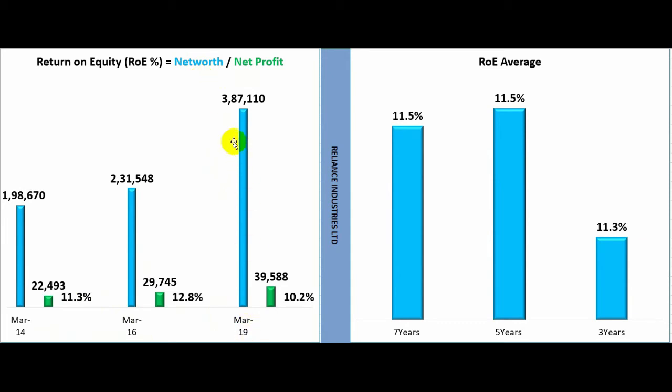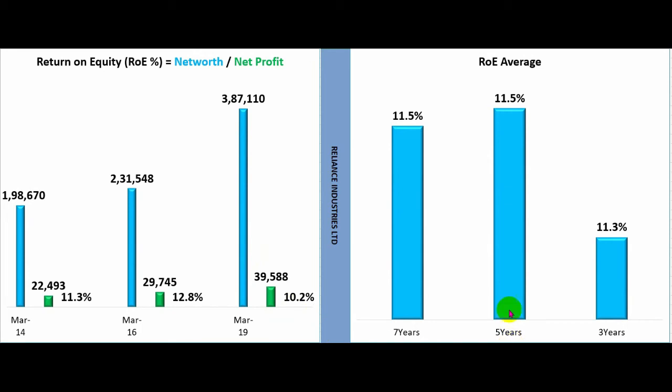In March 19, 3,87,000 was from the shareholders' contribution towards the source of funding to the business, whereas the net profit earned was around 39,000 crores. So that's 10.2% of net profit being generated on shareholders' money. We want to see at least 15% ROE.